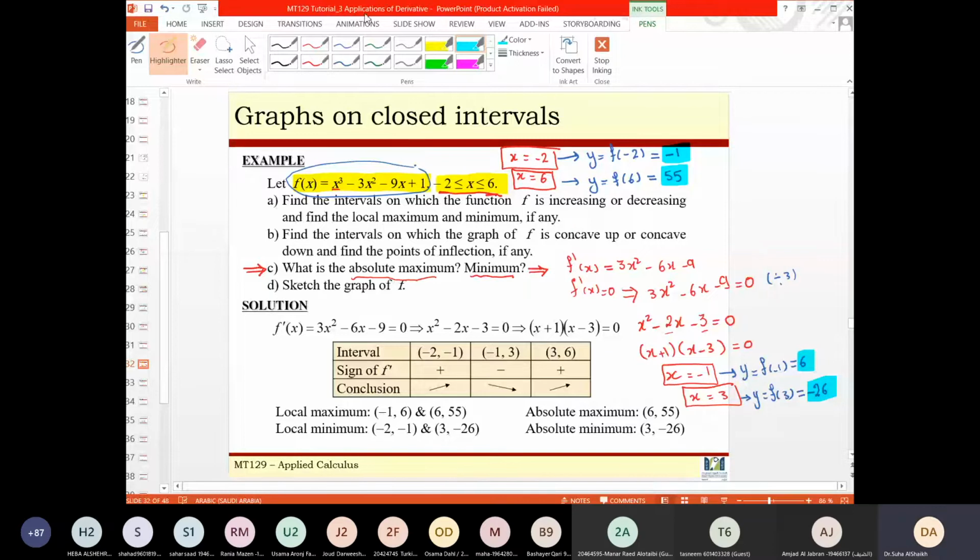It's the 55. This is my local max, the highest value among them. Which one is the lowest? Not minus 1, it's minus 26. So this is my local minimum.